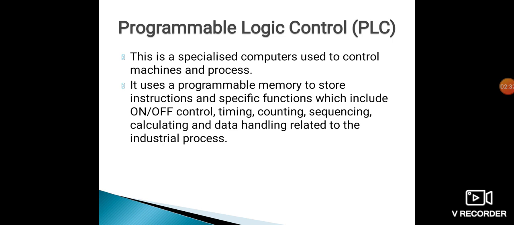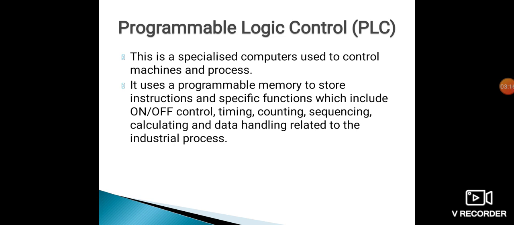This device uses a memory to store the specified functions: when the motor is turned on, when it is turned off, what is the timing of operation of the motor, the number of times the motor operated in a day, that is counting. Sequencing means one motor is turned off, then the second is on, the second is off, then the first is on. So sequencing, calculating the parameters and data handling related to the industrial process, this is the use of the PLC.